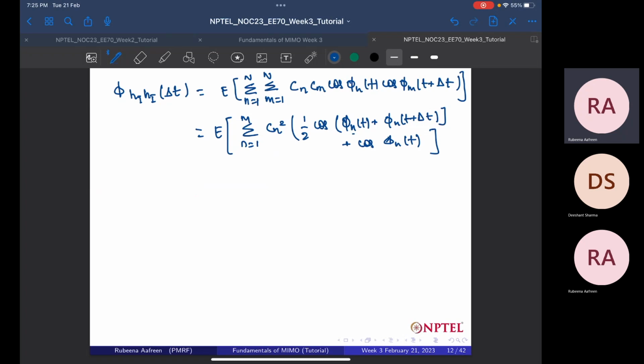So here it would be t plus t is 2t plus delta t. When it will be integrated, it will go as 0. Here it is phi n delta t, and phi n delta t is 2 pi f dn of delta t.